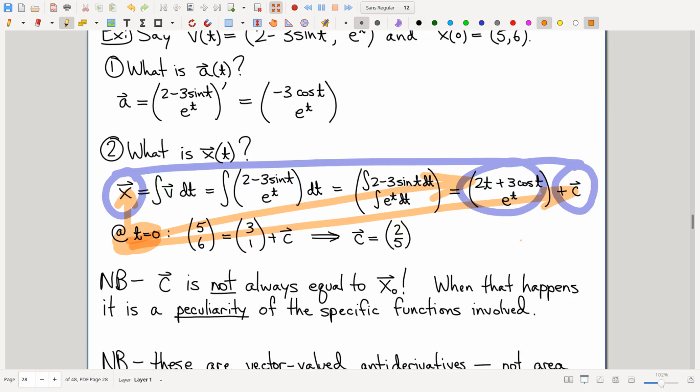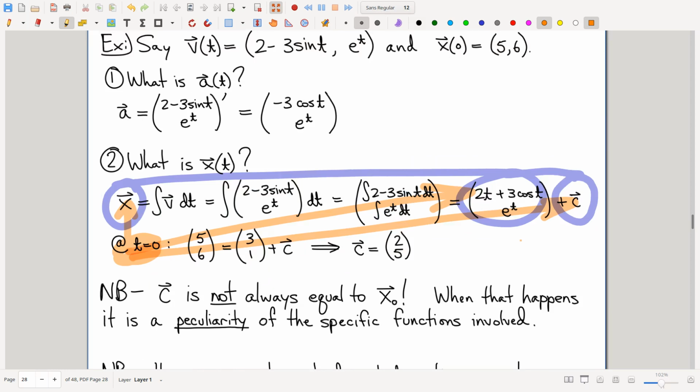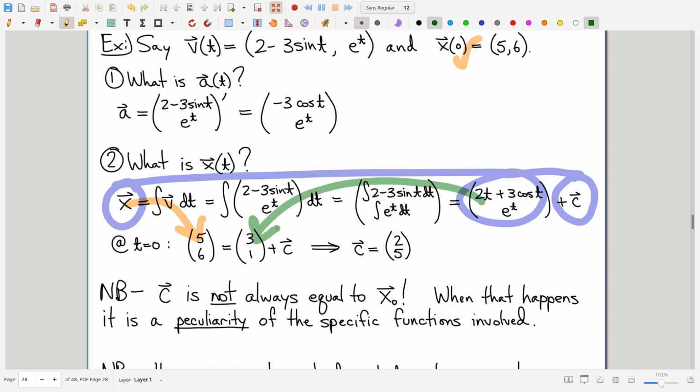No big. You plug in t equals 0 into the first equation, and there it is. It's t equals 0. That's 5, 6, given. Right? You plug in t equals 0 into this equation, and a little bit of arithmetic ensues, and you get 3, 1.